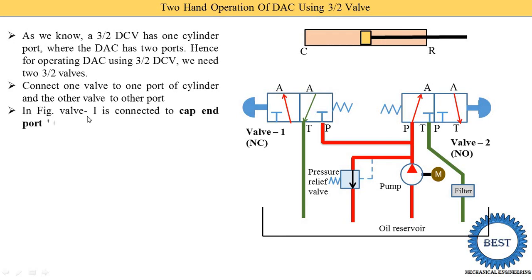So in this figure valve 1 is connected to the cap end port C, and valve 2 is connected with the rod end port R side. So I use the red color and the green color. Red indicates the pressurized oil and green indicates the low pressure or return line. Red indicates the supply lines. So you can understand it easily.